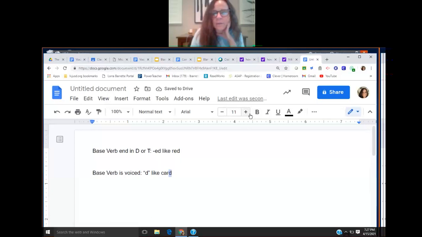And if the base verb is unvoiced, the sound is going to be t, like the T in cat. Ed like red, d like card, or t like cat.